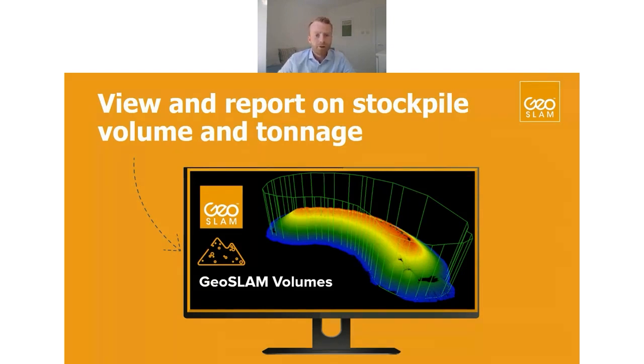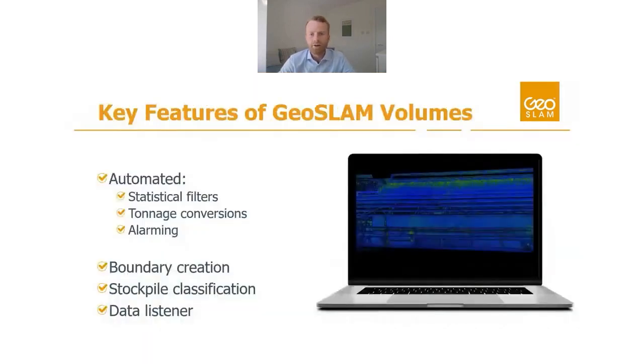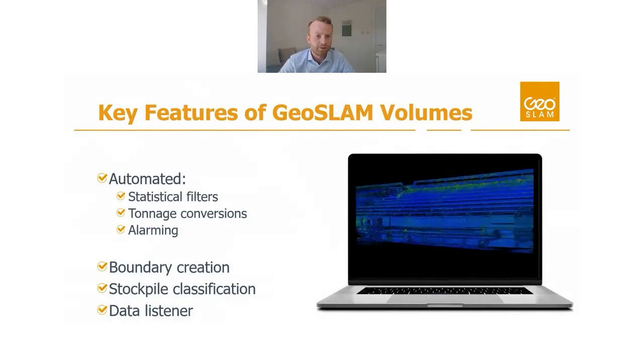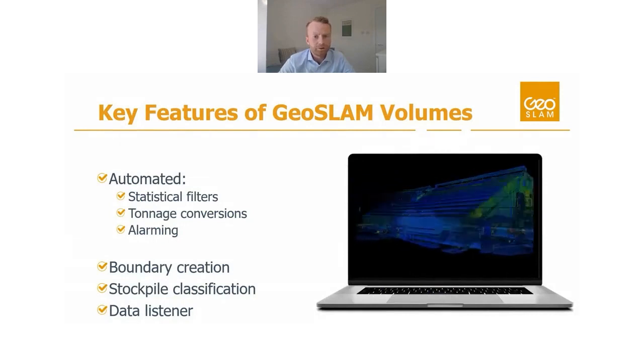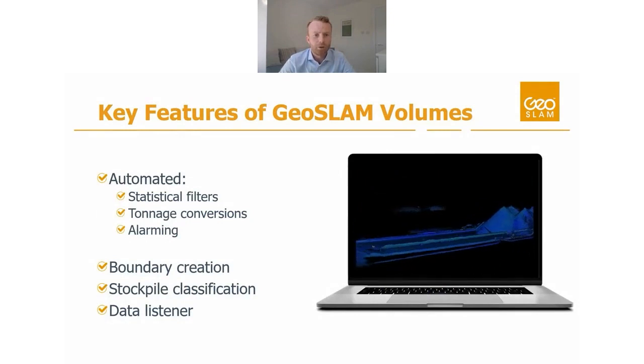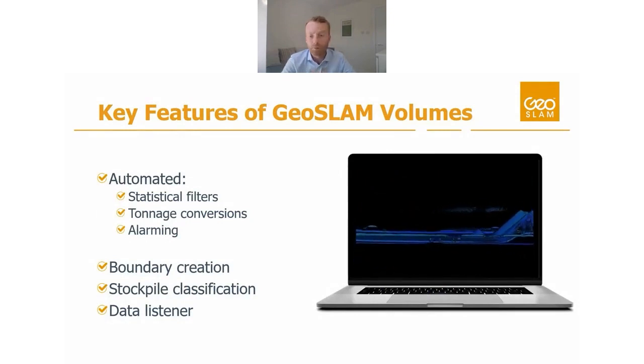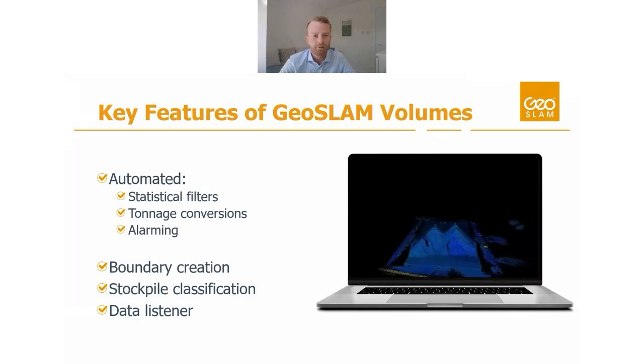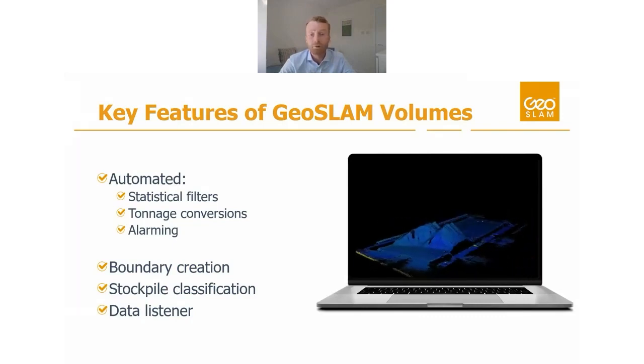So some of the key features of GeoSLAM Volumes are that it's highly automated. So at the moment, you can see here we have a point cloud in a warehouse. Sorry, we have a stockpile in a warehouse, and we have an array of automated filters that are able to remove any infrastructure in that environment and return only the stockpile surface.